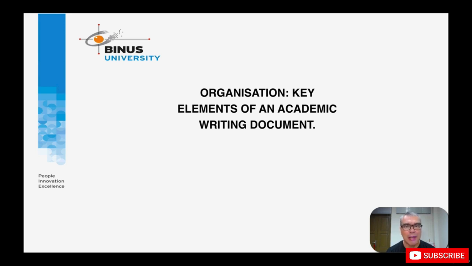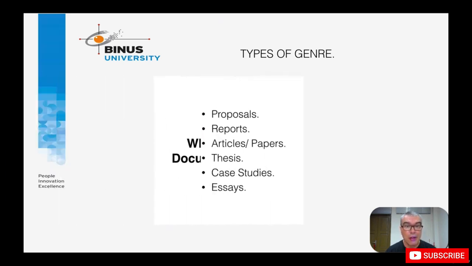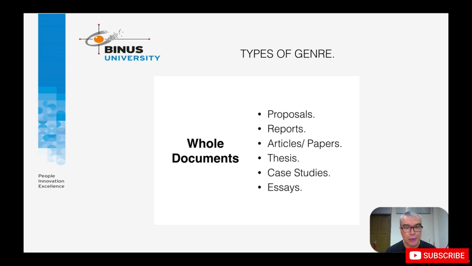Academic writing consists of a number of different types of document that you might write. Let's just have a look at examples of the kind of documents that are part of academic writing. So we've got things like proposals, reports, articles or papers, thesis, case studies and essays.